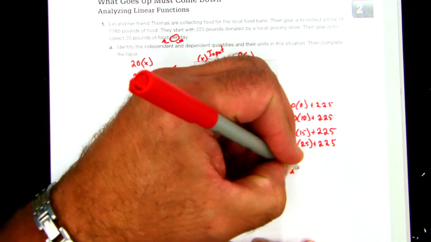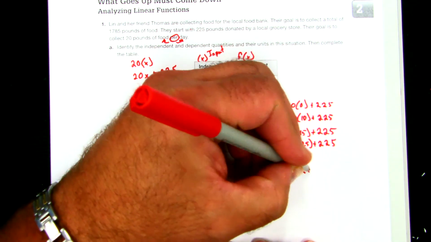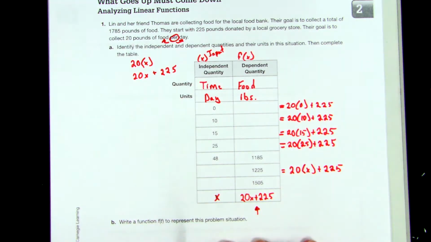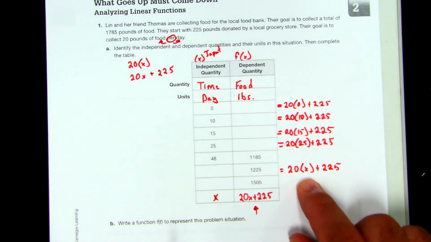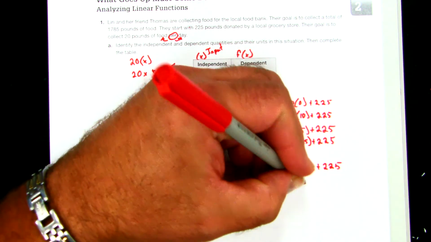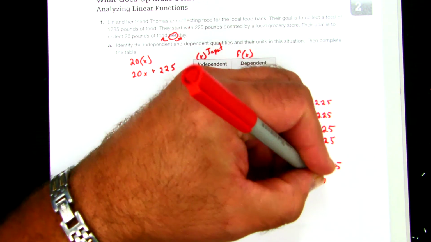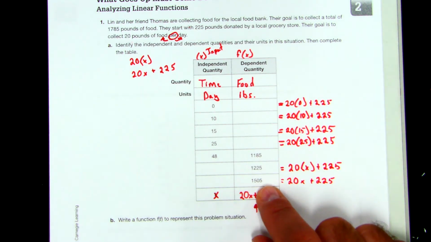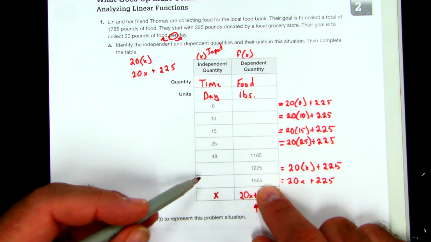The only difference is now I have to work backwards. It's still the same math problem. I just have to work backwards because now I'm trying to find this.